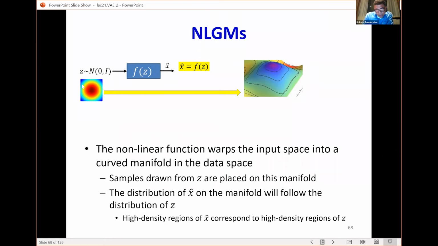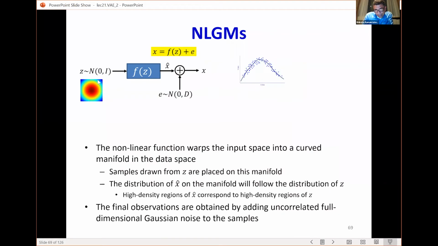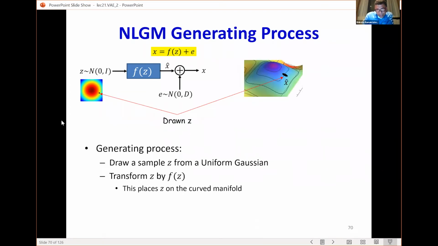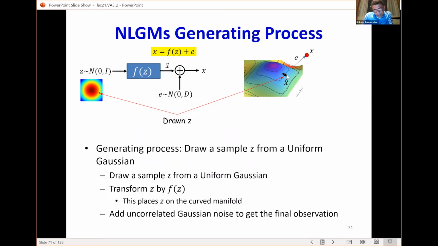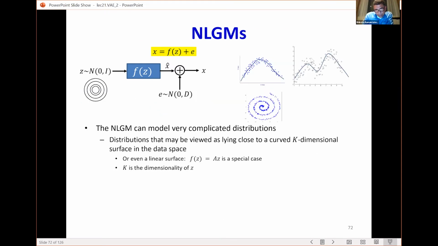Low density regions here are going to correspond to low density regions here. And then the final observations are obtained by adding uncorrelated noise to this data. So you're drawing some sample Z from here, you're putting it through this nonlinear transform, which plonks it somewhere on this manifold. And then you have some uncorrelated noise, which is added to this point to give you this final data observation. And that is the generative story for modeling distributions.